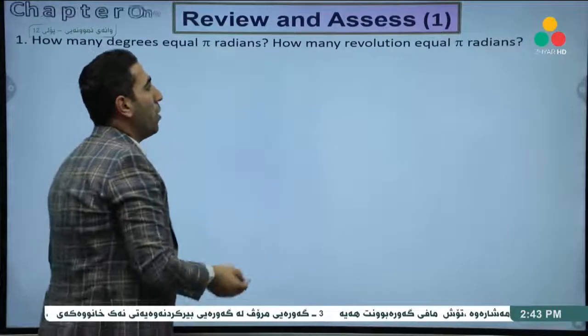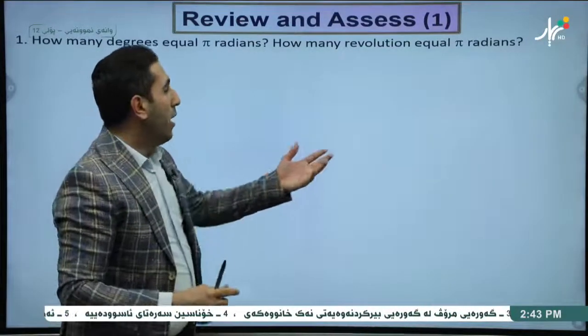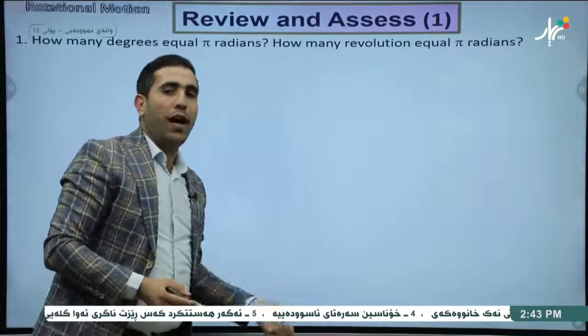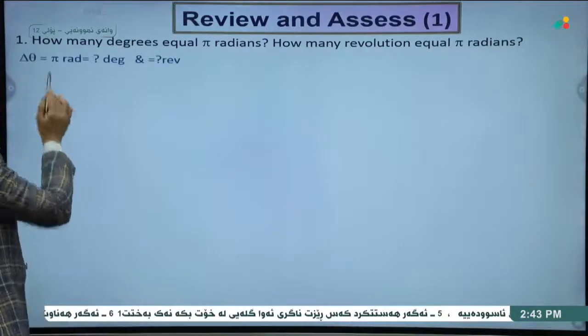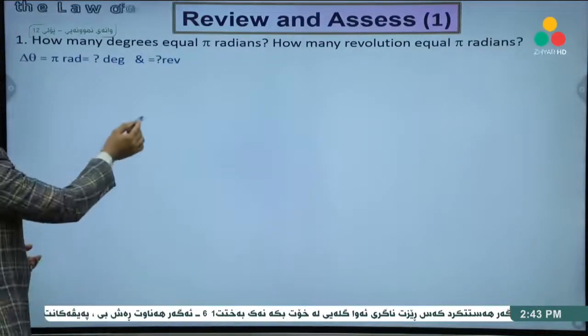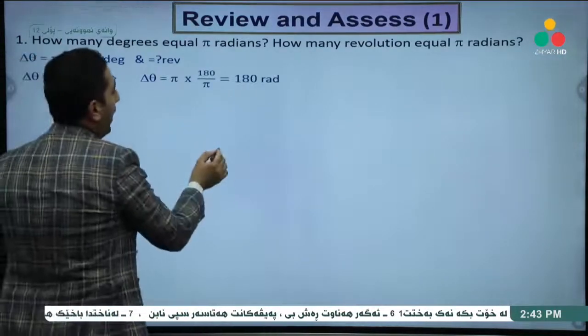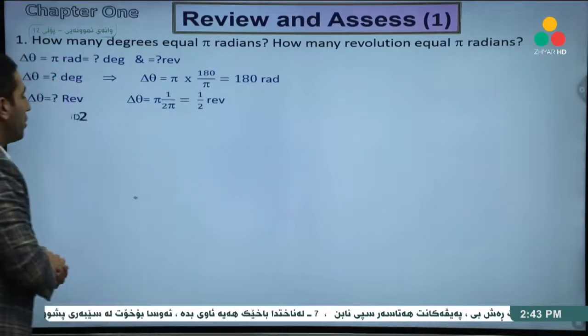Again, you know 1 revolution is equal to 2 pi, so pi is equal to 0.5 revolution.